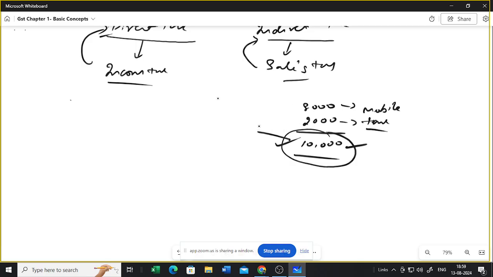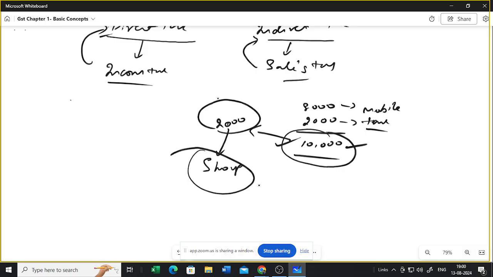Out of this 10,000, you are paying 2,000 rupees of tax to the shop person, the vendor, and the shop person will pay this tax amount to the government. Indirectly, who is paying this tax?